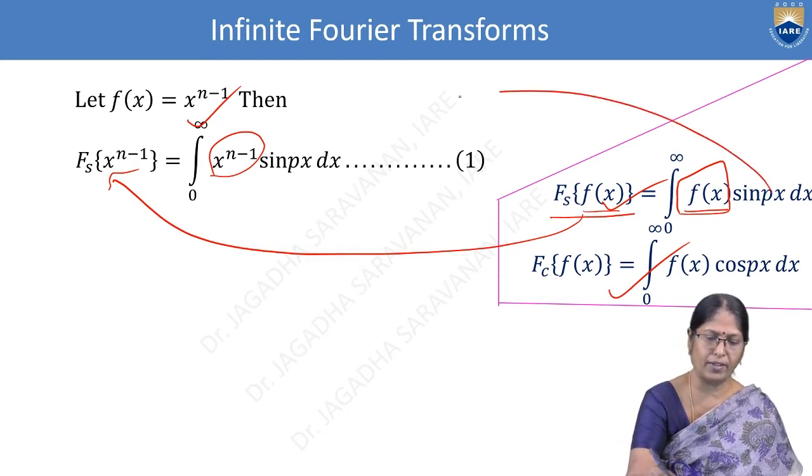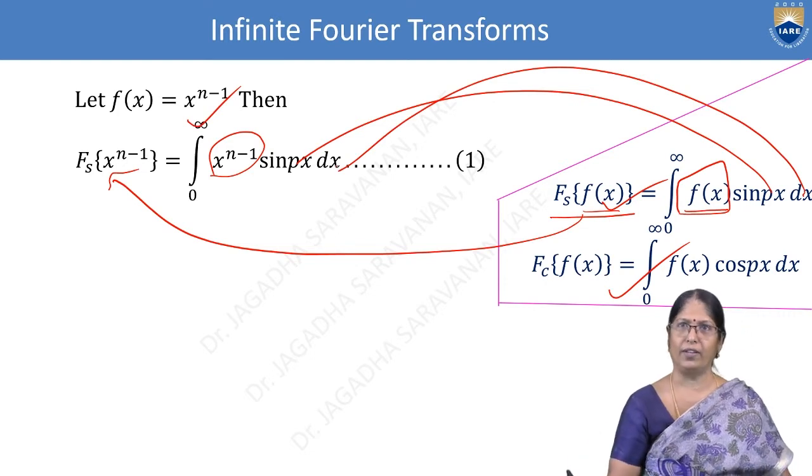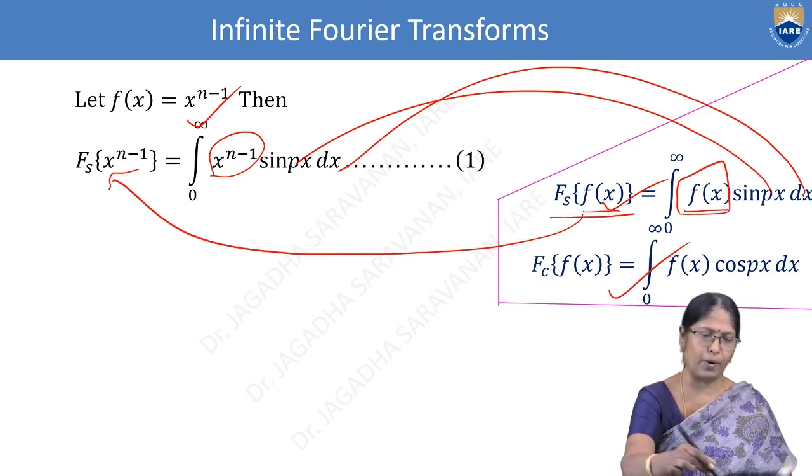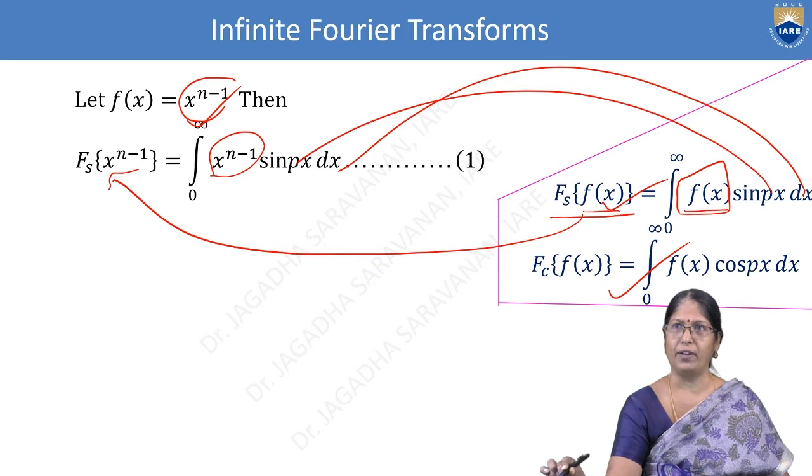The sine px is written as it is. The dx is written as it is. Just we replaced in the formula where f of x is there. That particular f of x is replaced by our given function. Sine transform, the work is completed.